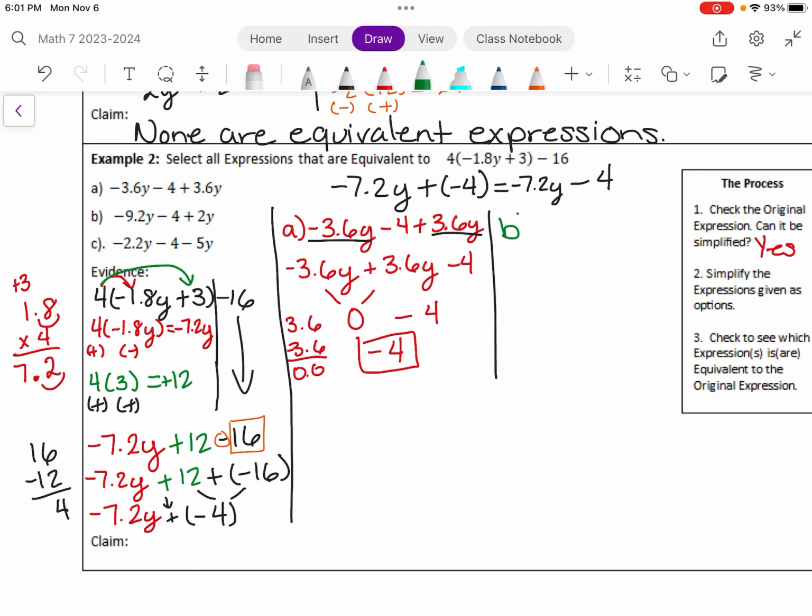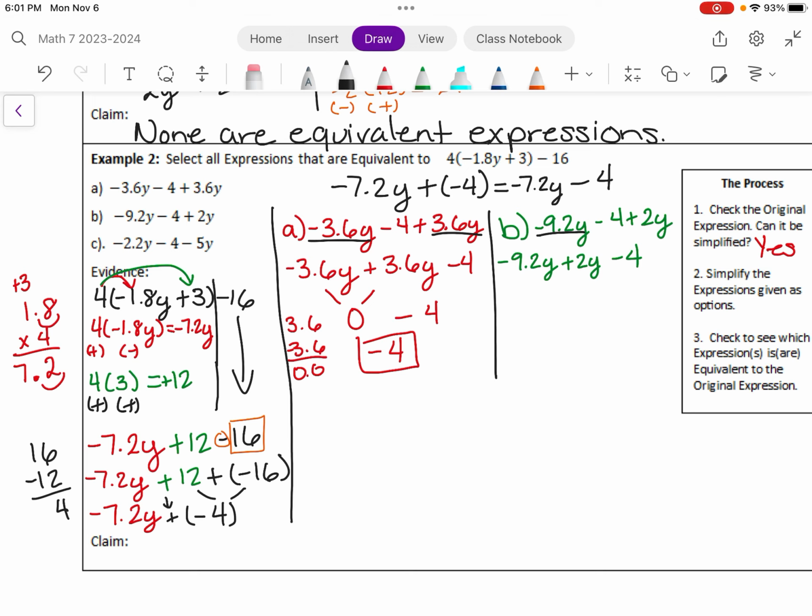Now I'm going to my B. So I have negative 9.2y minus 4 plus 2y. Again, I'm going to move things around so that my like terms are right next to each other. That makes my expression look like this. Negative 9.2y plus 2y minus 4.